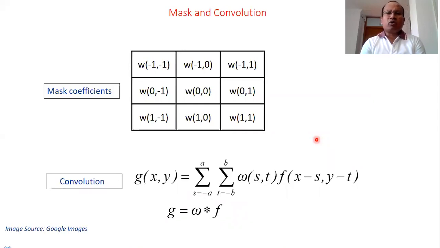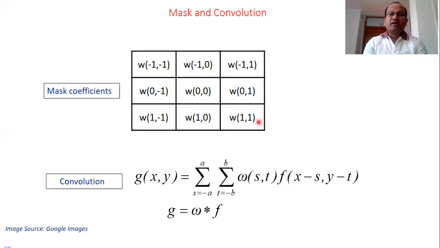So these are some more masking operations, where the mask coefficient can also be assigned. W00 is the central pixel, then going towards the right side we can write 0, 1, and towards the left, 0, -1. If we go back to the previous row, we can say -1, 0, because you are in the same column but your row number is reducing. If you move ahead, 1, 0.